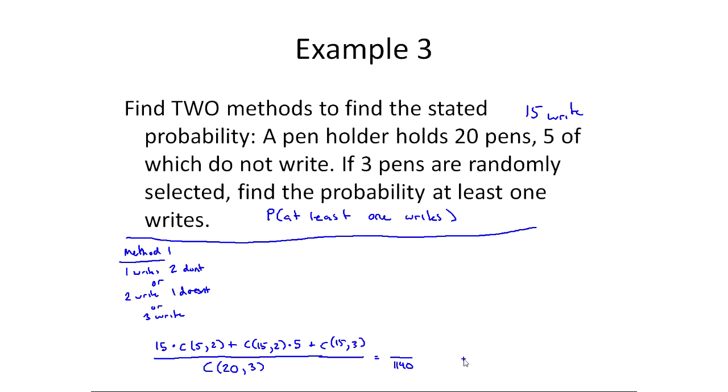And so for the numerator, it'd be 15 times 5 choose 2, plus 5 times 15 choose 2, plus 15 choose 3.